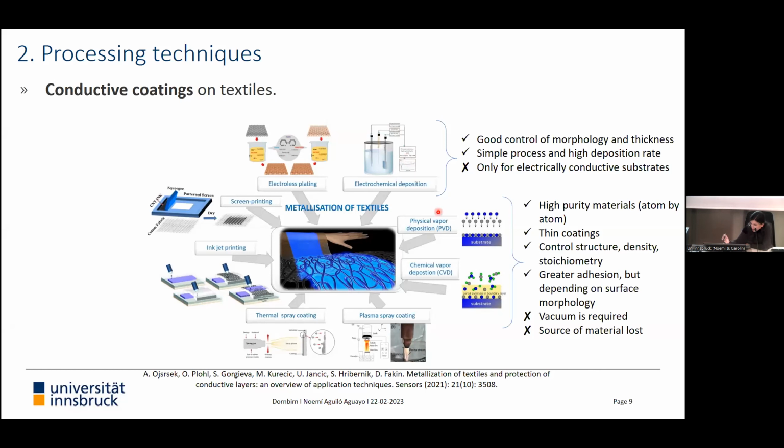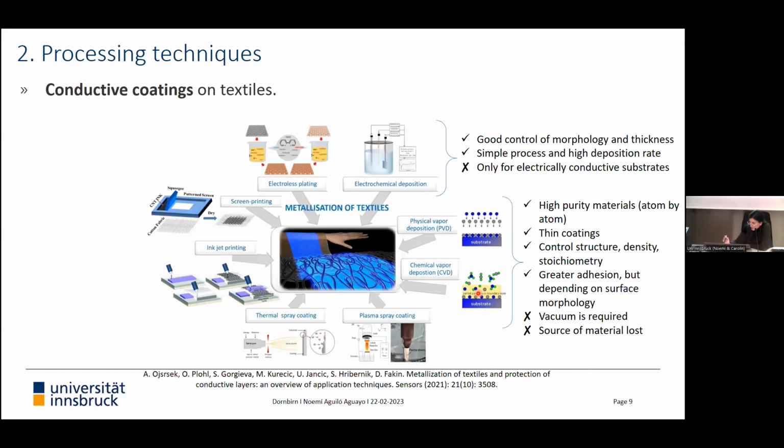So these other 2 techniques are physical vapor deposition and chemical vapor deposition. They both have a source of material that we evaporate or decompose, and then it will be deposited again on the substrate.